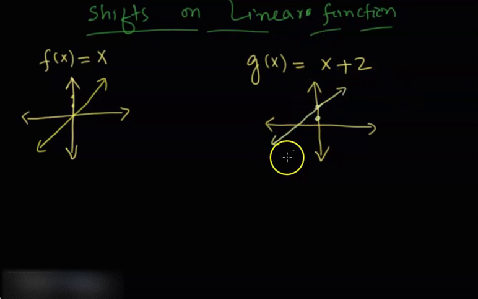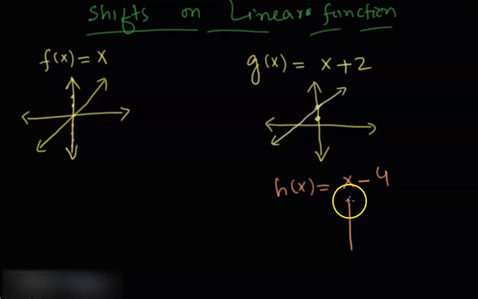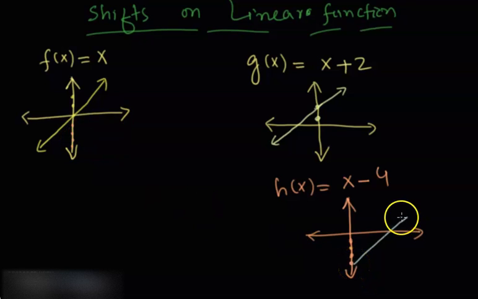On the same lines, if we subtract some value, let's say x minus 4, what will happen? This f of x equal to x will move 4 units down, 1, 2, 3, 4. So you can sketch it 4 units down, passing through this 4.